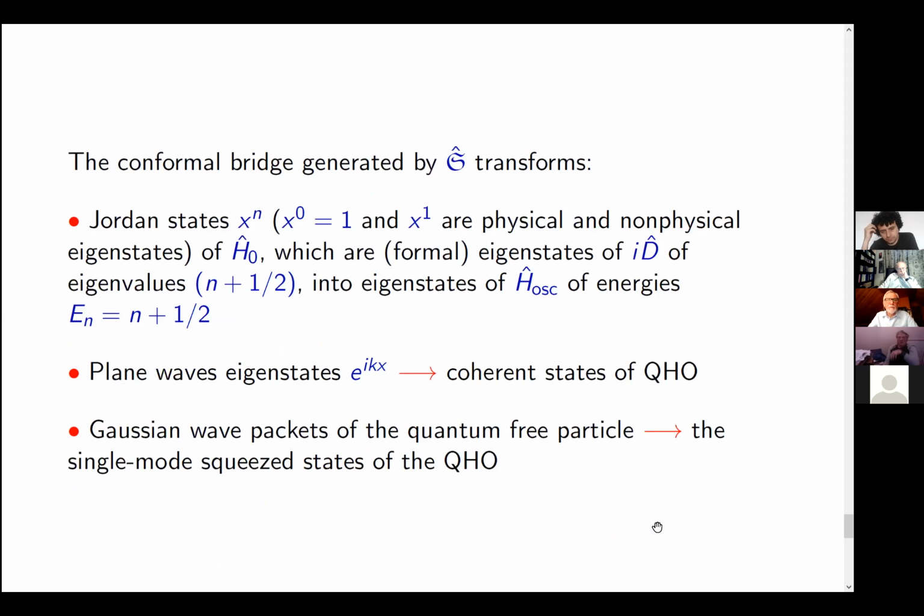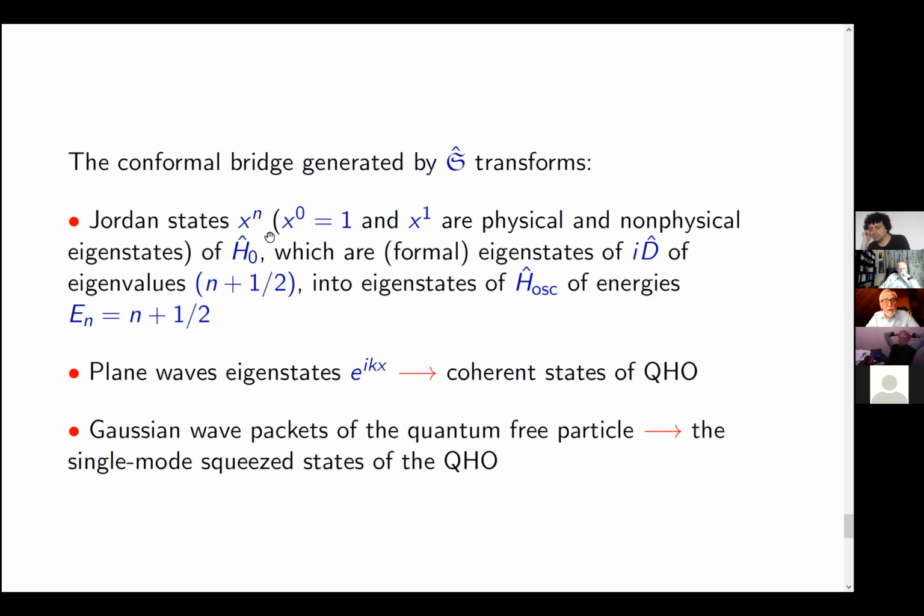So I have discussed until now the action of the introduced operator on the generators of the conformal algebra. What does this operator do when we apply it to different states of the free particle? If we apply it to Jordan states of the free particle, which correspond to zero energy, that is, these wave functions are annihilated by the corresponding degrees of the Hamiltonian operator of the free particle, the first two states in this family correspond to physical and non-physical eigenstates of the free particle of the same zero energy.